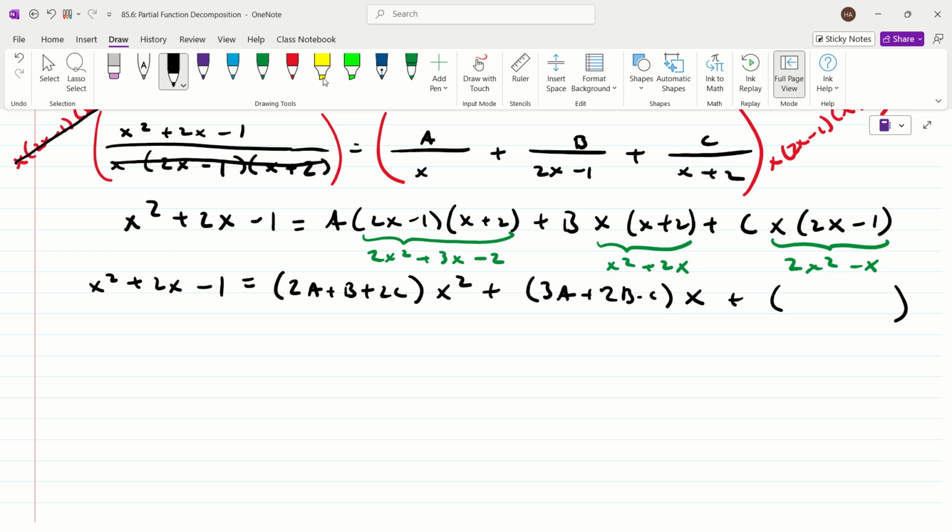For my constants, I'll have a times negative 2, negative 2a. This guy doesn't have any constants because anything I multiply that b with is going to give me an x. And in the same way, this guy will have no constants. So that's a lonely negative 2a at the end.